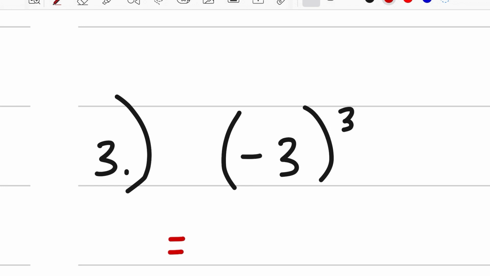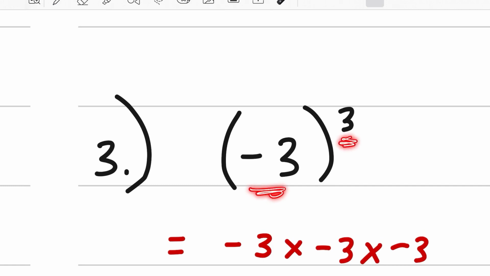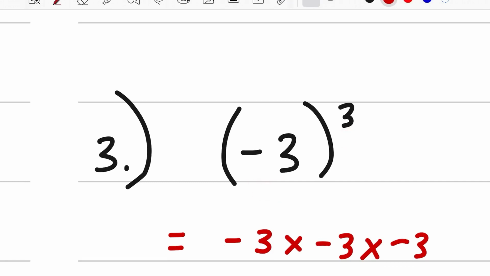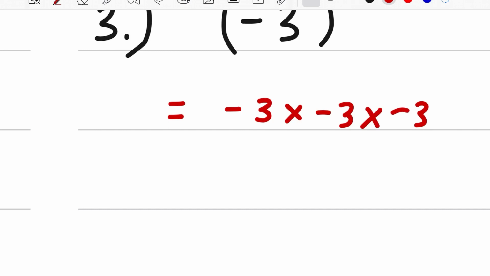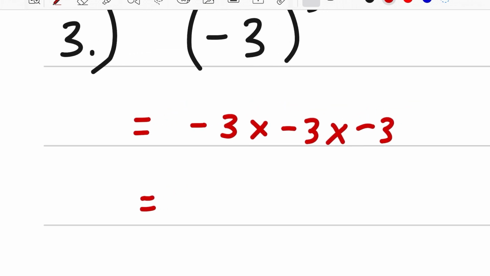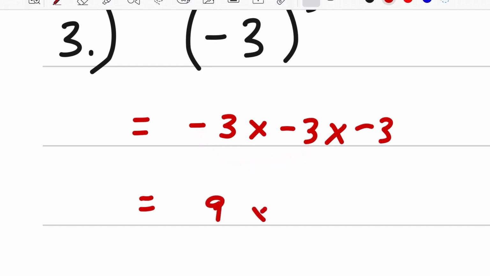For question 3, we have minus 3 raised to the power of 3. So this is minus 3 multiplied by itself 3 times. Because we have a negative base and an odd power, we know our answer is going to be negative. So I'm going to put that here, but just so you can see me work it out, minus 3 times minus 3 is positive 9, because a negative by a negative is a positive.